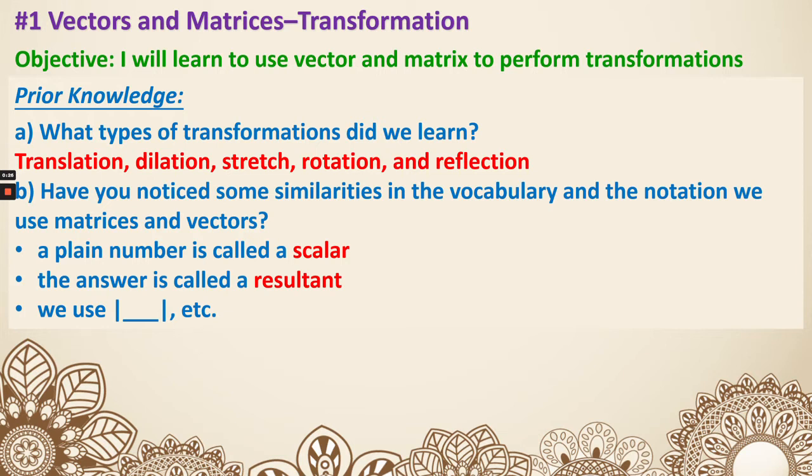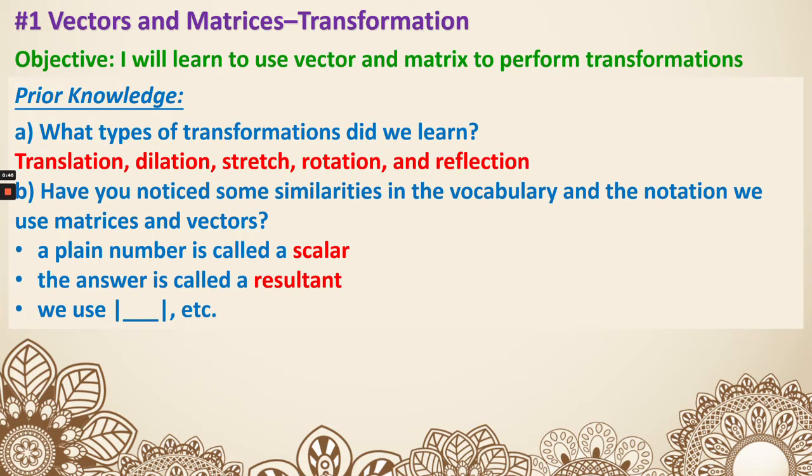Something else, at the beginning of this unit, when we were first introduced to vectors, we have seen some very familiar words from the matrices unit. So, for example, scalar. Scalar is just a plain number, and we have been performing scalar multiplication with matrices and vectors.